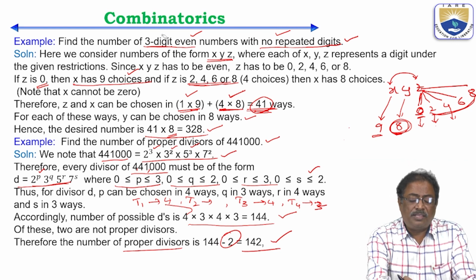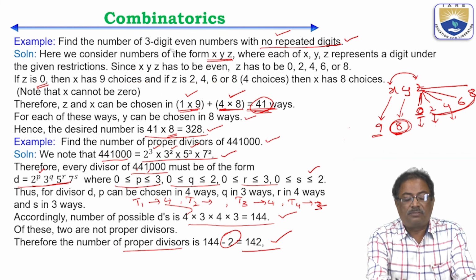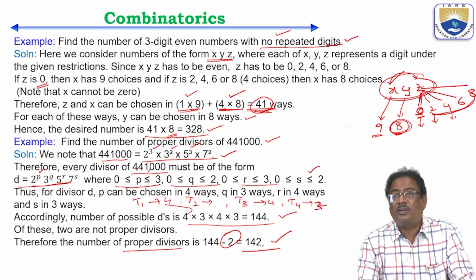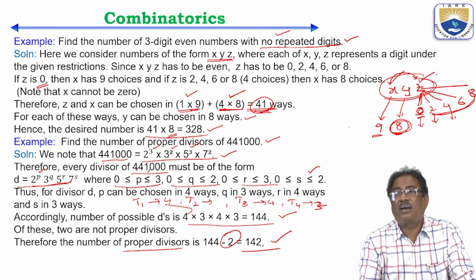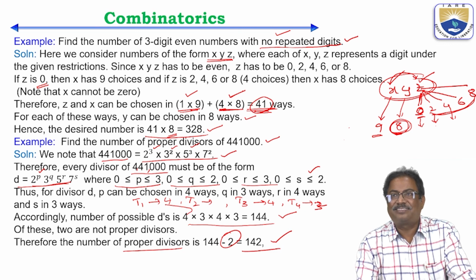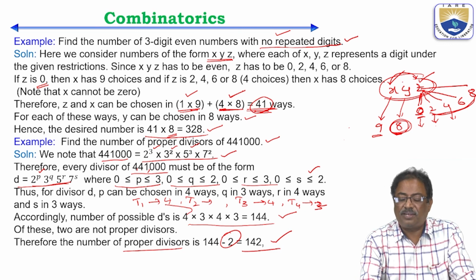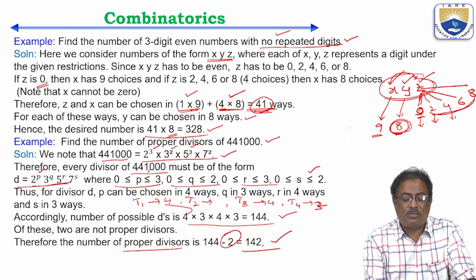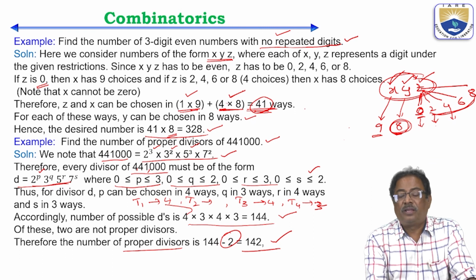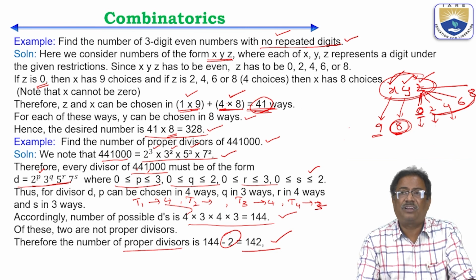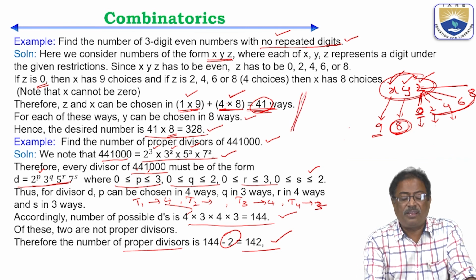So here in this 3-digit number, selecting X is one task and selecting Z is another task. T1 is selecting Z, T2 is selecting X, and of course the third task is selecting Y. So these are the 3 tasks.